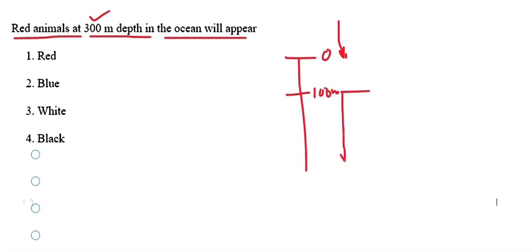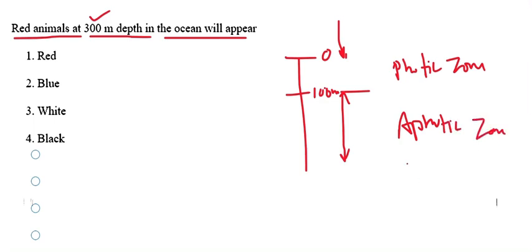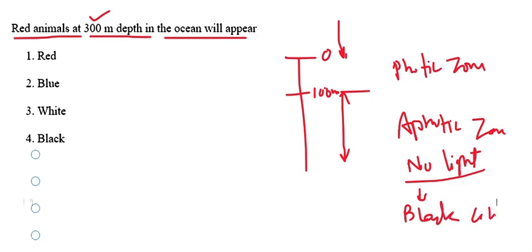Below that depth, light will not pass. Photic zone, no light. All the things that we see below 100 meters are of black color, so the correct option is the fourth. All others are wrong.